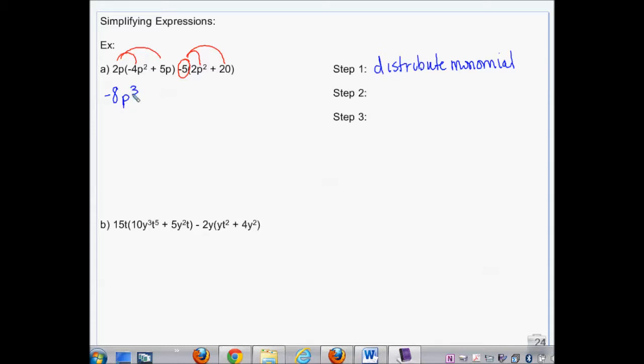And then 2 times 5, so that's 10 p squared. I'm doing 2p times -4p, and then 2p times 5p. And then over here, I do -5 times 2p squared, so that gives me -10 p squared, and then -5 times 20, so it's -100.